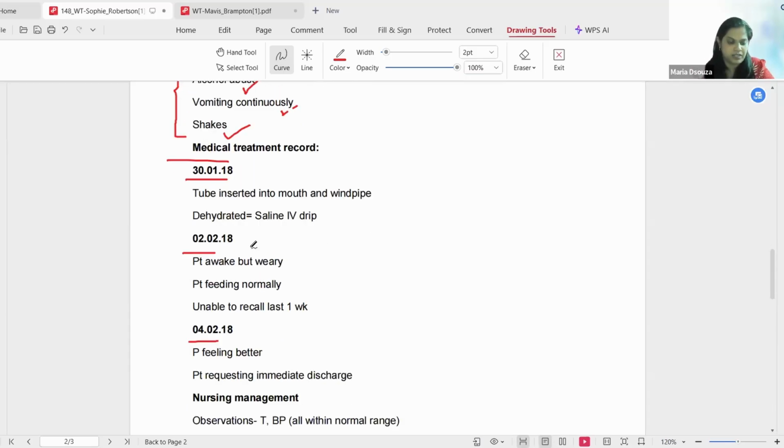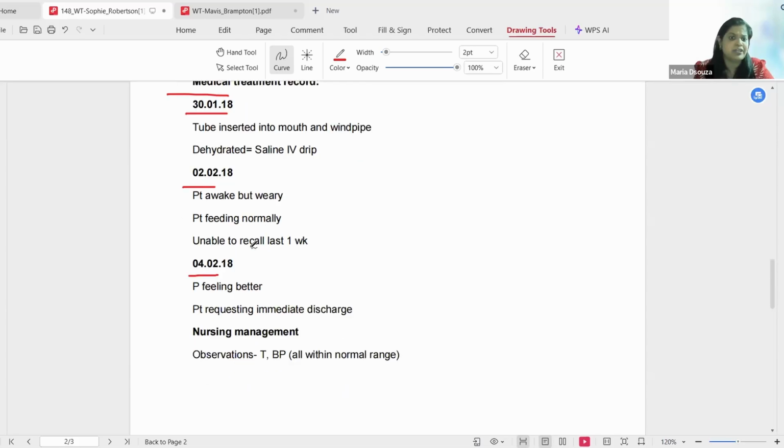Now, in this medical treatment record, take a minute and let me know whether it's important for me to write everything, or can I miss anything? Is there anything that I can miss, or is everything important? The 31st, 2018, tube inserted into the mouth and windpipe is not required. Why do you think that's not required?